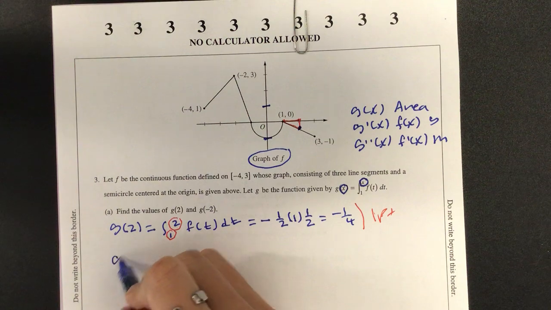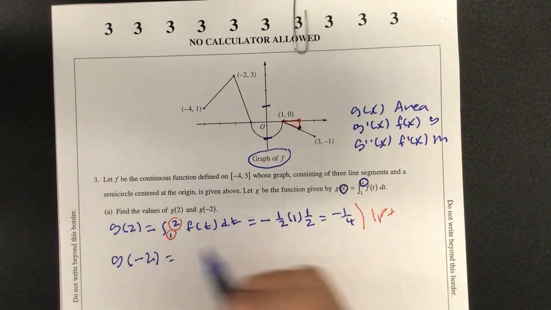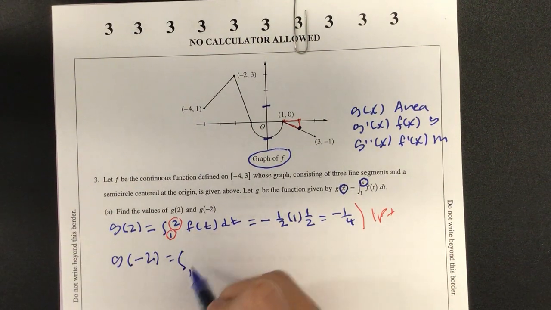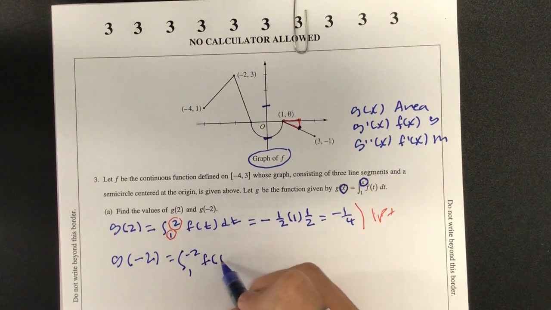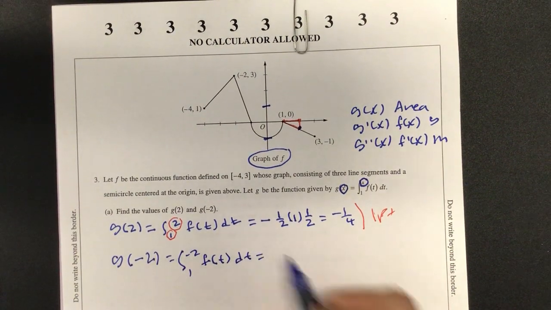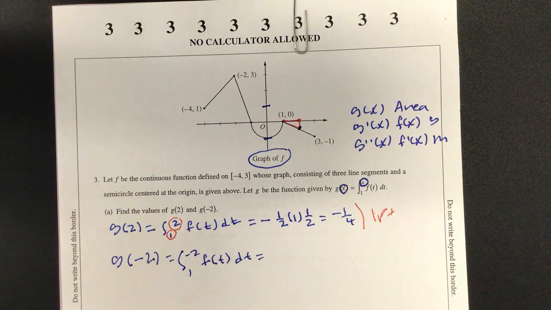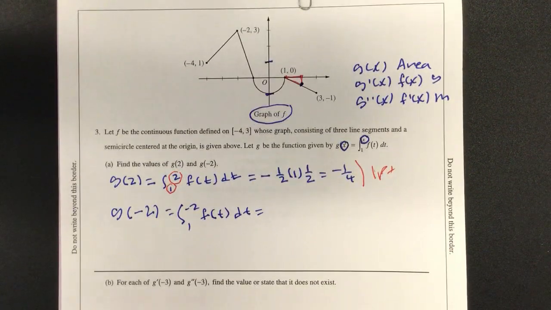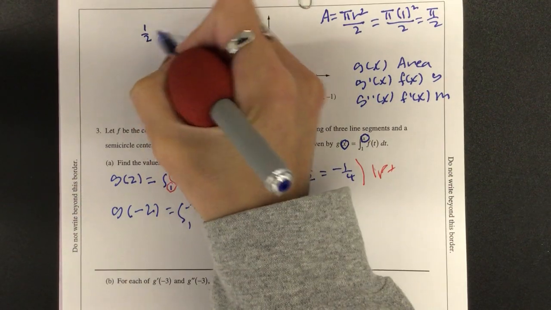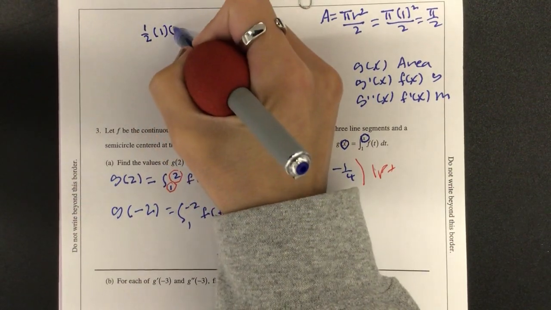For g of -2, again, plug it in. Something awkward happens here. And if you already know what the awkwardness is, great. If you don't know, well, let's talk about it. So the integral has to be written numerically for below to be negative and above to be positive. If I go from positive 1 to -2, is that numerically correct? You're going to be half times a base times a 3.